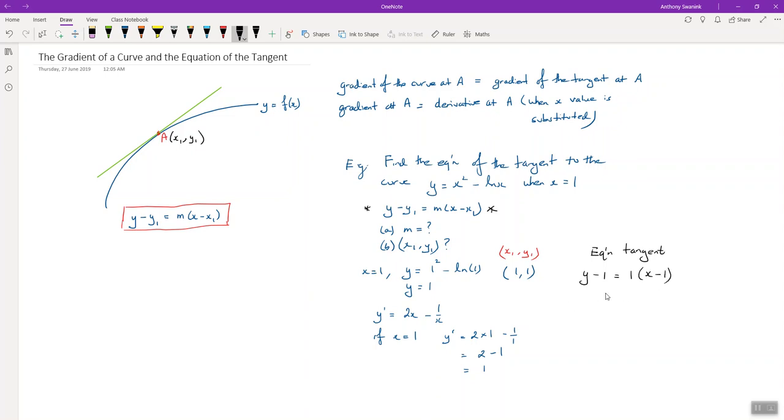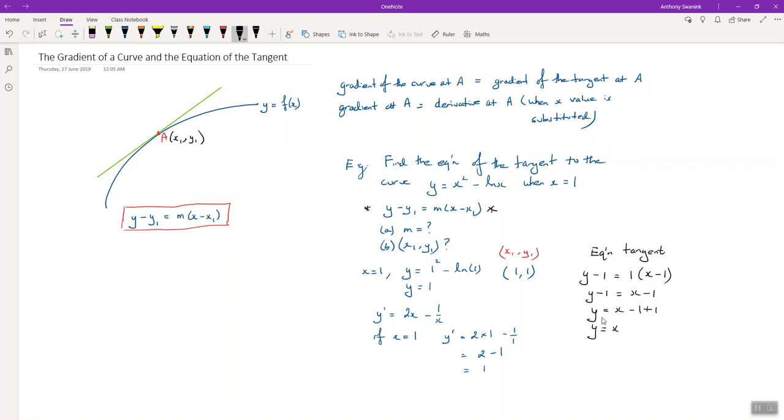So a whole lot of 1's there, and yes, we can make that a little simpler. 1 times this is just x minus 1, and we could put it in the form y equals x minus 1, and that's going to become plus 1. y equals x in this case is our equation of our tangent.